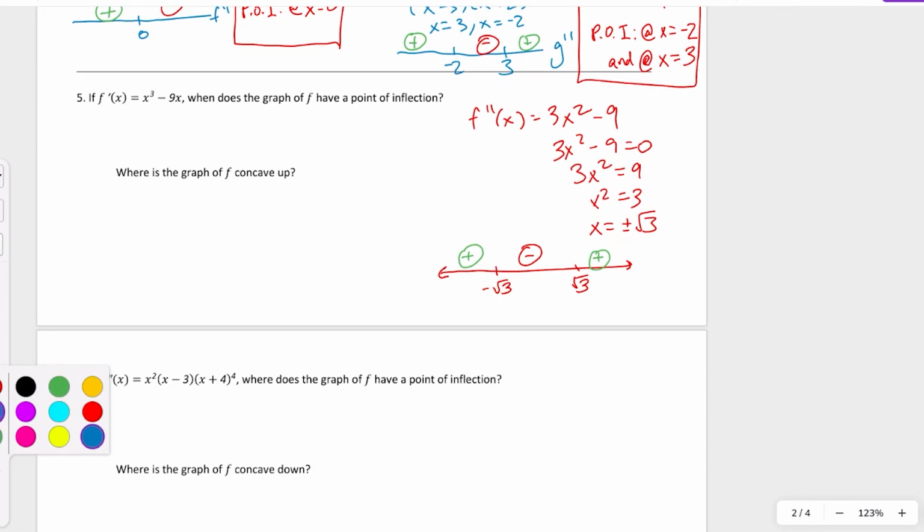We have a point of inflection at x equals root 3 and one at x equals -root 3. The graph will be concave up on any intervals where the second derivative is positive. So that's going to be in between -infinity and -root 3, but also between root 3 and infinity.